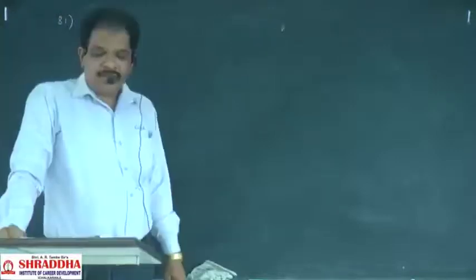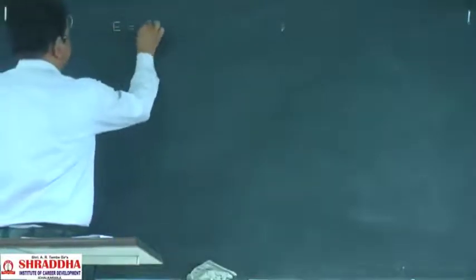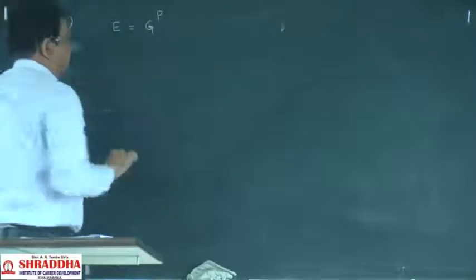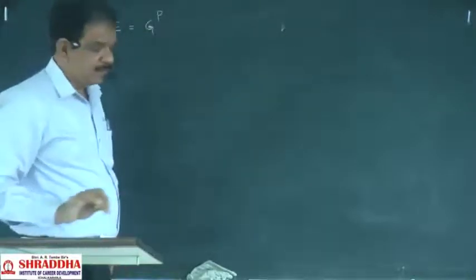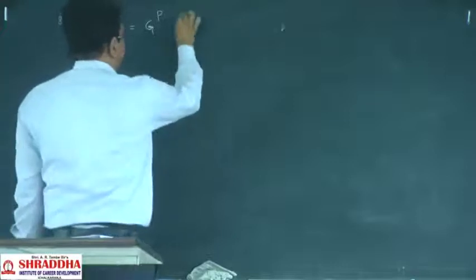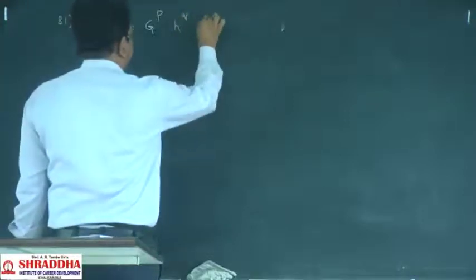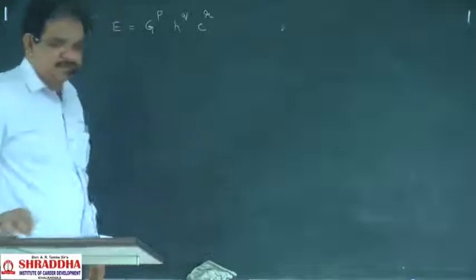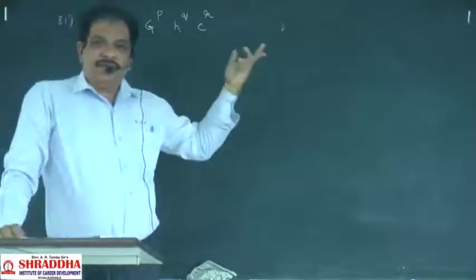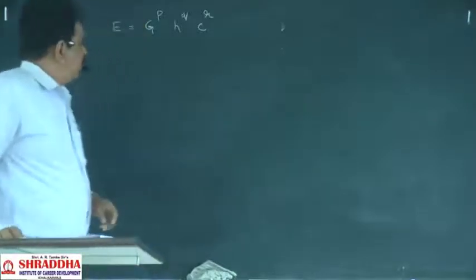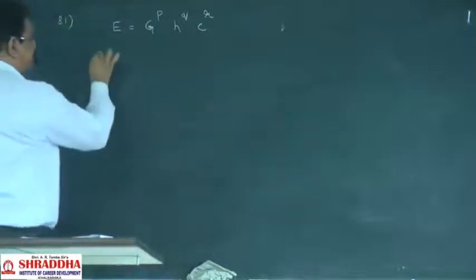E is equal to G power P, H power Q, C power R. Write the dimensional formulas on both sides.